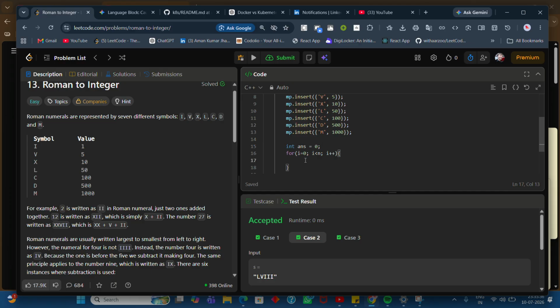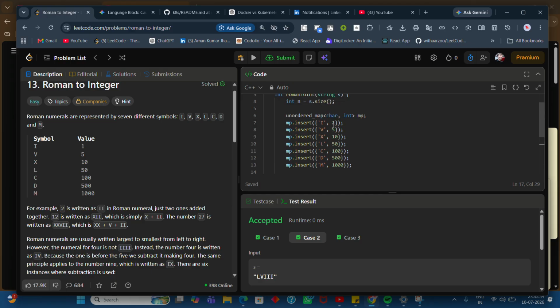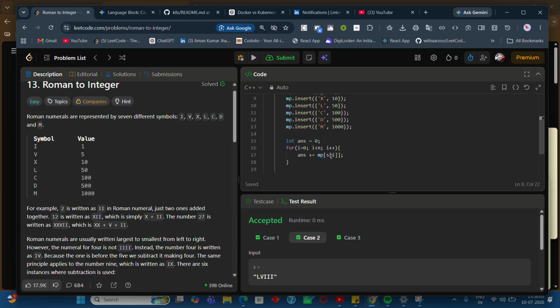So we can simply do answer plus equal to mp of s of i, the character which s of i is holding, its numeric value. We can add this simply. If the character holding is I, then mp of s of i means 1. If the character is V, then mp of V means 5.